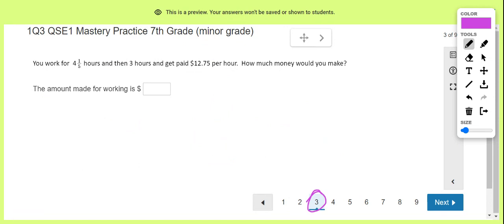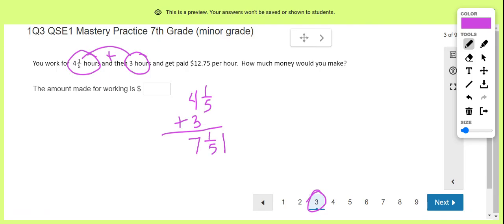Okay, and take a look at number 3. We have 4 and 1/5 hours and 3 hours. So that's going to give us 7 1/5 hours.